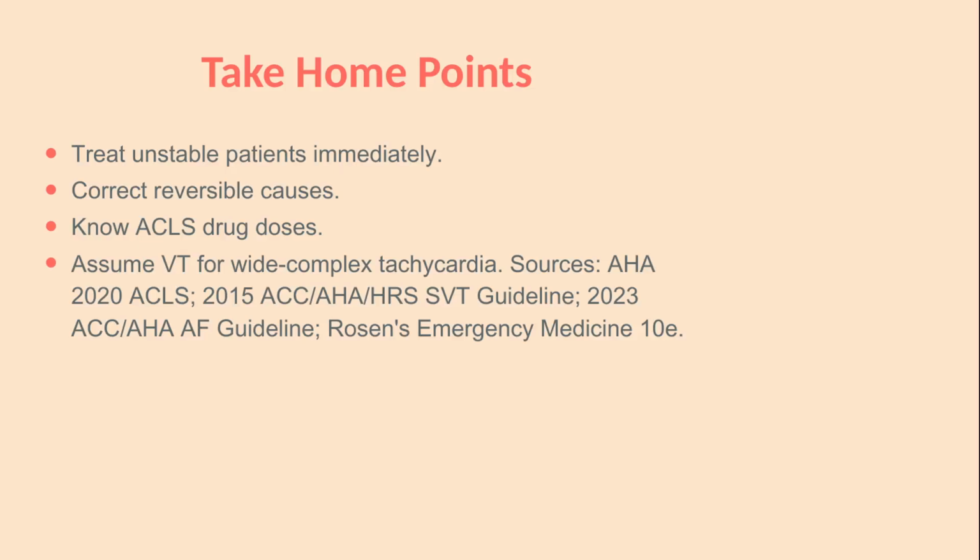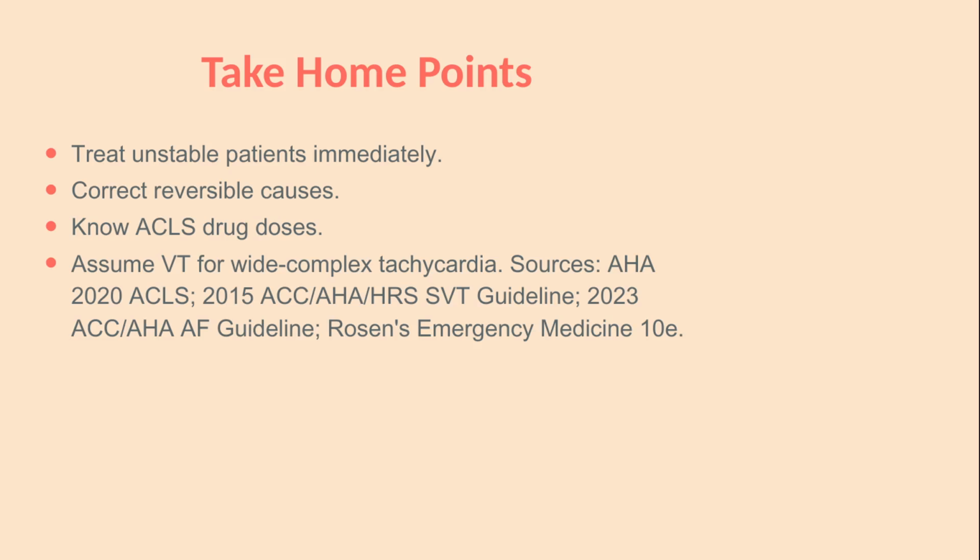4 take-home points from this hour. Treat unstable patients immediately with electricity when the rhythm is the problem. Nothing on the laboratory printout outranks a crashing patient. Correct reversible causes, especially potassium, magnesium, ischemia, and drugs, or the dysrhythmia will simply return.